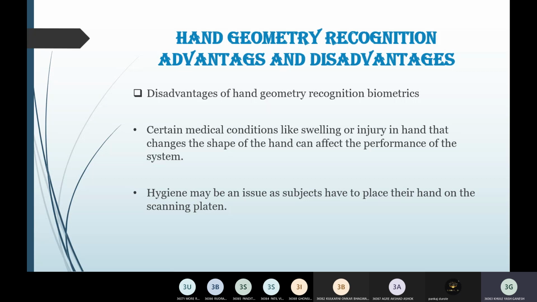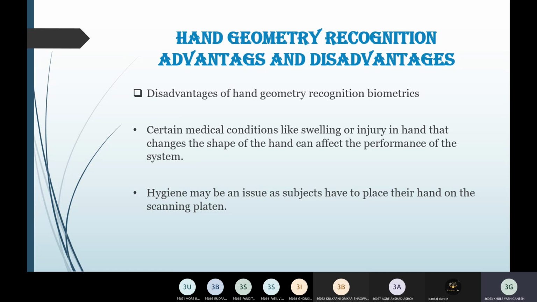Disadvantages of the hand geometry recognition system. Certain medical conditions like swelling and injury of the hand change the shape of the hand and can affect the performance of the system. If you have swelling or an injury on the hand, it changes the complete hand geometry of the palm.